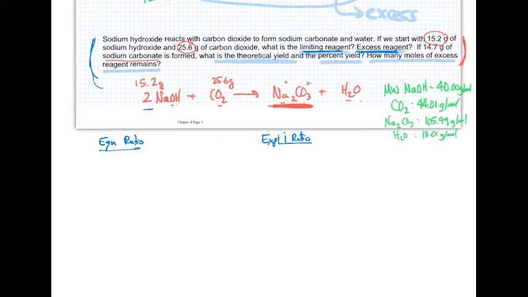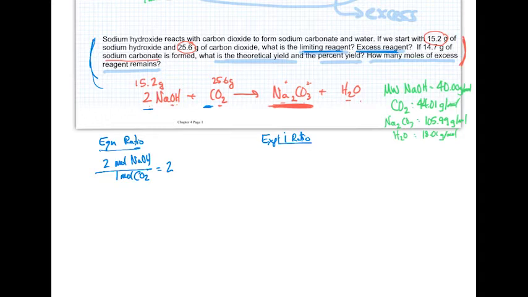Notice we have 2 moles of sodium hydroxide, 1 mole of CO2. I'm going to put the one with 1 on the bottom because I don't need to use my calculator for that. So I'm going to put 2 moles NaOH for every 1 mole CO2. And that's equal to 2, obviously, the mole ratio. And the experimental mole ratio, I need to convert these masses into moles.